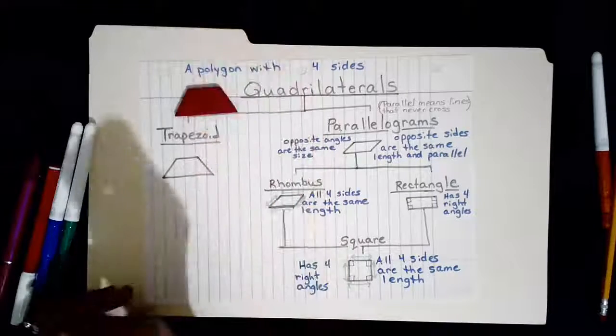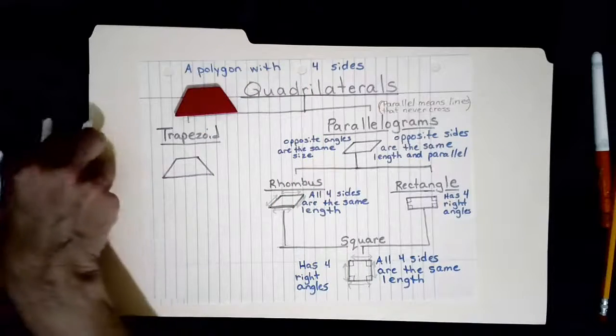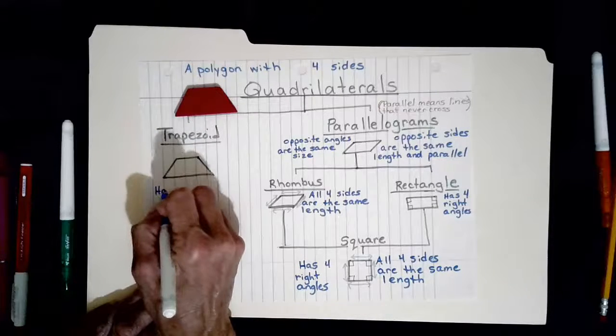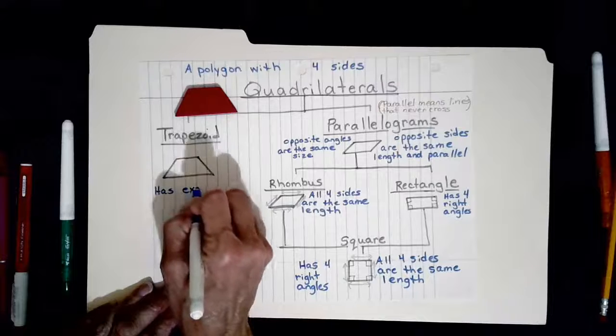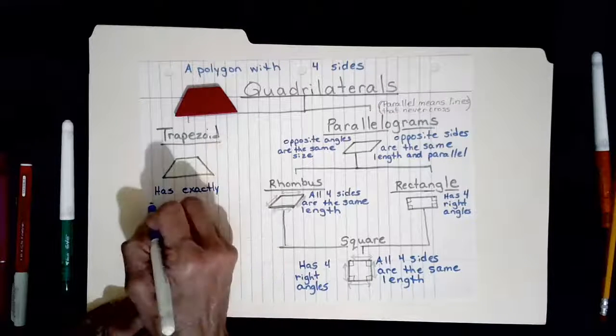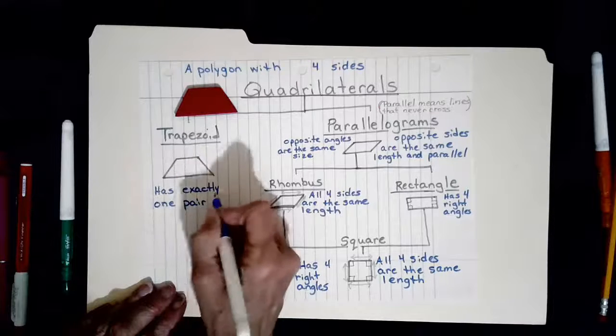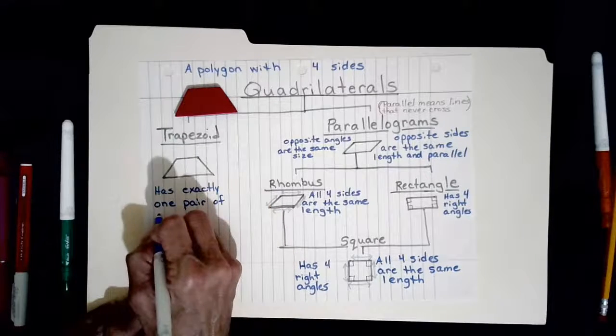So here's my trapezoid, and when we write about our trapezoid, we're going to write has exactly 1 pair of sides that are parallel.